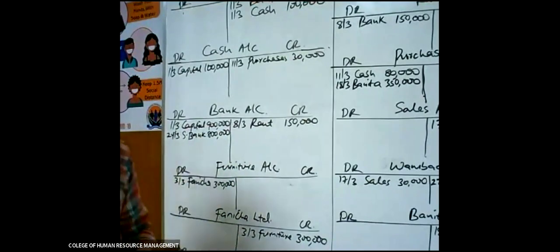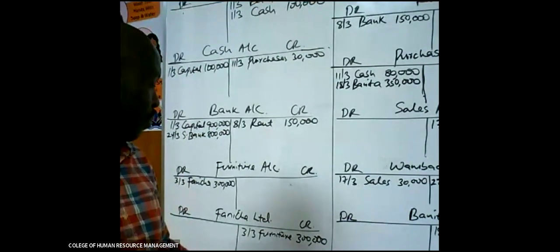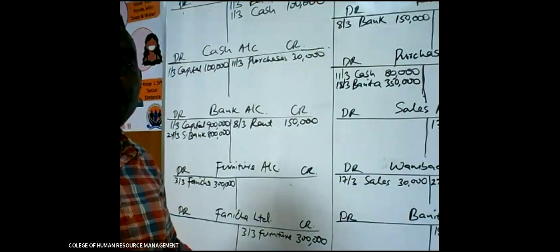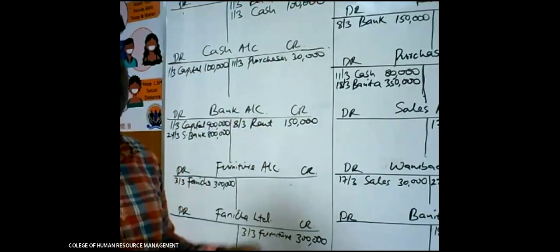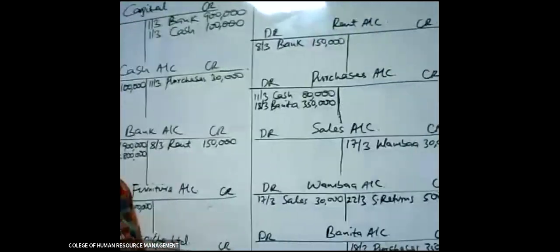Anything that you borrow or is received on credit, the institution or the person from whom we have borrowed or bought on credit, we credit, and then we debit that item that we have received. We have received the cash in the bank, so we shall debit the bank.